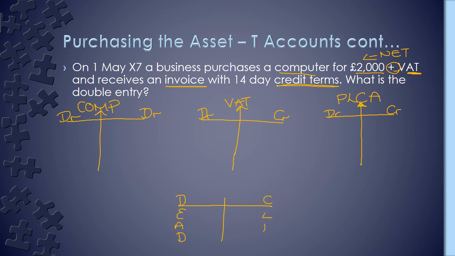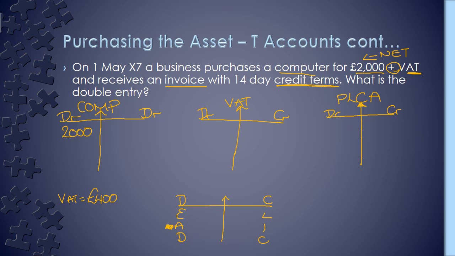So again, our computer is our asset. Just as in the last question, we're going to debit our computer account because we're increasing our asset. We worked out that our VAT was going to be equal to £400 on a £2,000 computer.